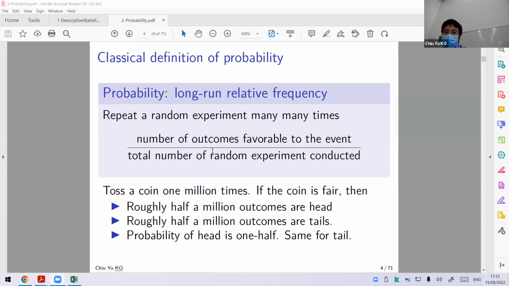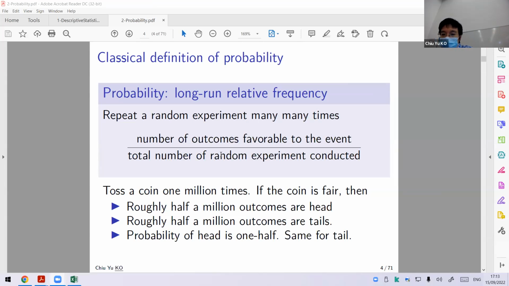The idea is that if we repeat a random experiment many times, we have data, and then we can count the frequency, how many heads, how many tails. The fraction, the number of outcomes favorable to the event over the number of times the experiment is conducted, is what we define as probability.